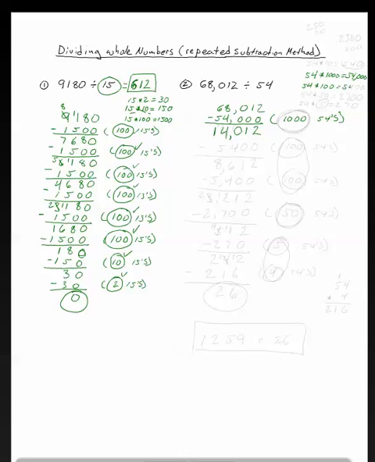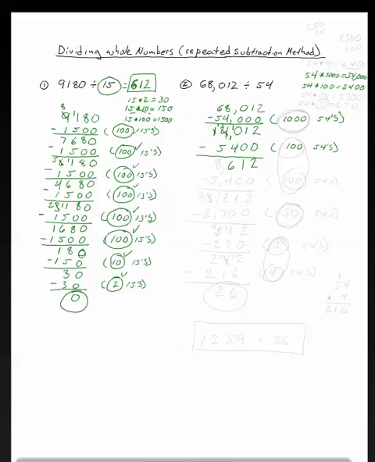That would give me 5,400. So let's subtract 5,400 and make a note that that's 100 of my 54s. 2 minus 0 is 2. 1 minus 0 is 1. 0 minus 4 I cannot do, so I borrow. 10 minus 4 is 6. 3 minus 5 I cannot do, so I have to borrow.